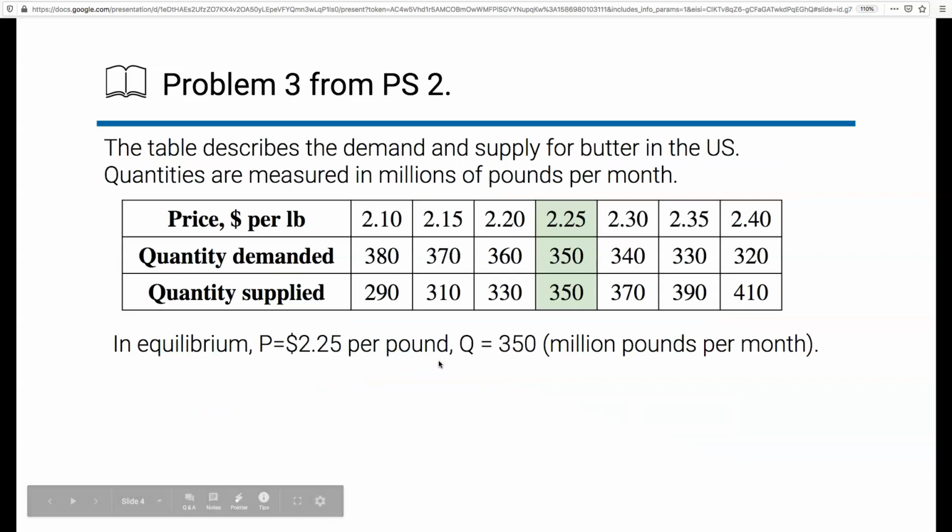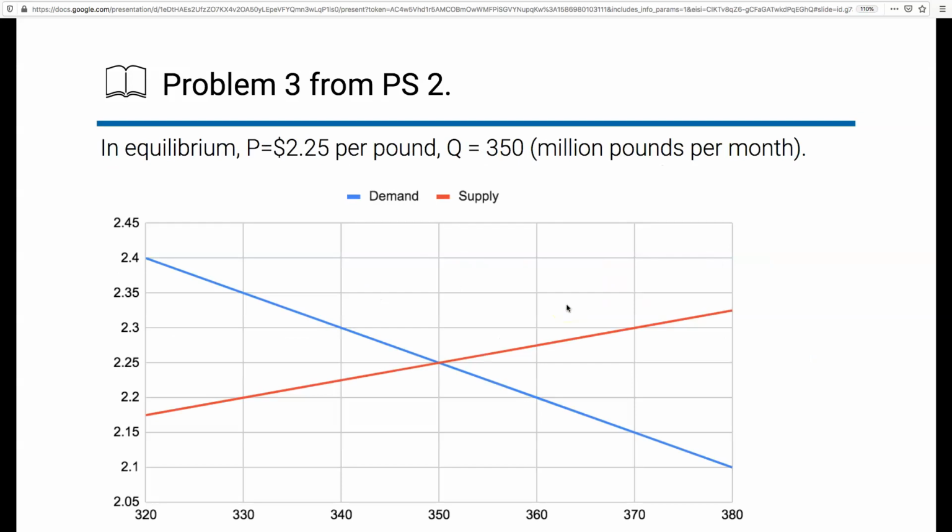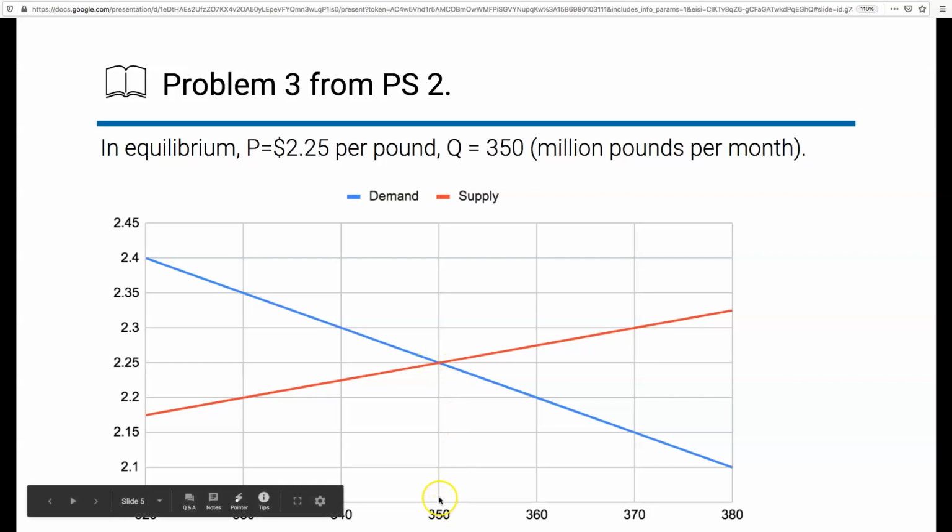And so if we go back to the table, there's a price at which the market clears because quantity demanded and quantity supplied are equal to each other. And so graphically, it corresponds to the intersection of the two curves at 225 per pound and 350 pounds in the market. So now I'm going to go on and introduce a tax in this situation.